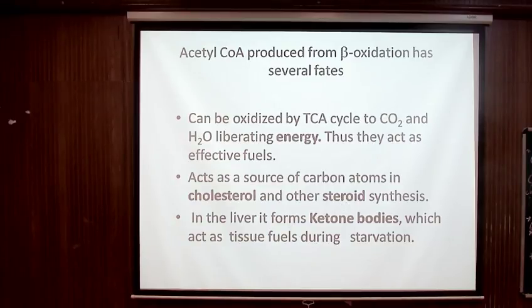Or it can also get converted into ketone bodies. So acetyl coenzyme A can be used for energy, for the synthesis of cholesterol, steroids, and also ketone bodies. Okay. Is this much clear?